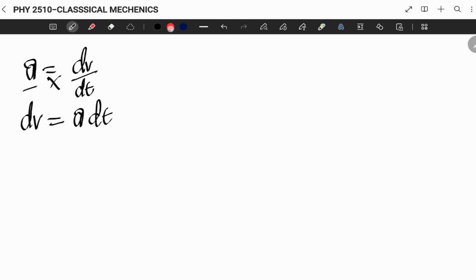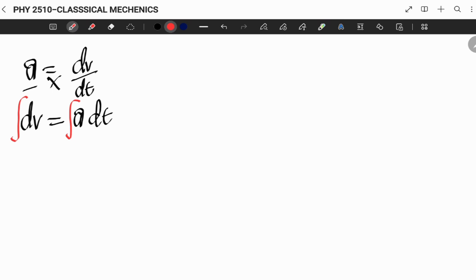All right, so when you reach this stage you integrate. So you put an integral sign there. You integrate both sides just like that. So this means the summation of infinitesimal changes in velocities; when you add up all the small changes of velocity, you're going to get all of it.